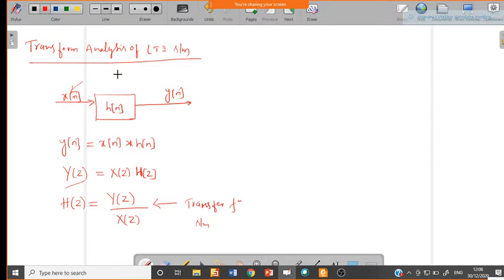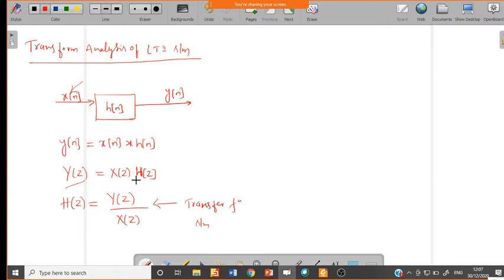This is how the analysis can be done in the z domain, by taking the transformation from the time domain to the z domain. This is the basic way we get the impulse response.